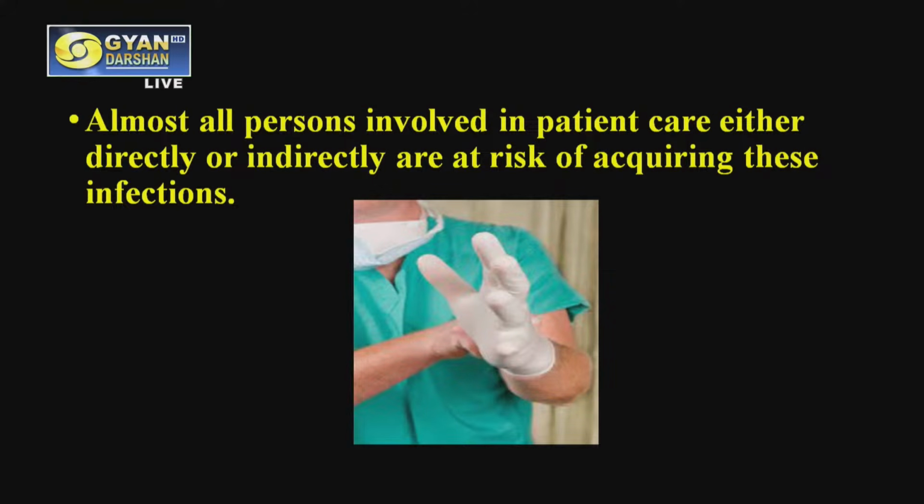So all these staff, directly or indirectly, are at risk of acquiring infections from the patient or from contaminated surfaces where the patients lean on or lie down. That is how they are indirectly affected with the diseases.